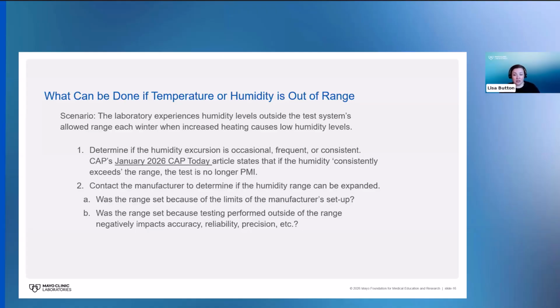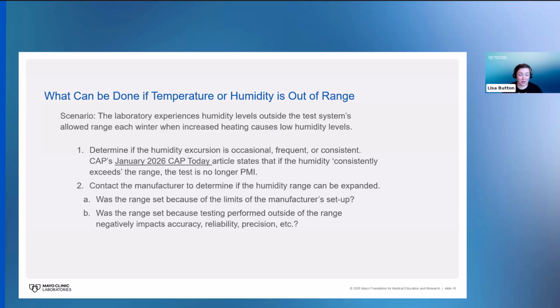CAP also in that article has some suggestions for what you might do as you're trying to figure out what to do about this humidity level. Is it something that's happening all the time, or was just a quick blip and then it got better? So you could contact the manufacturer to determine if the humidity range can be expanded.